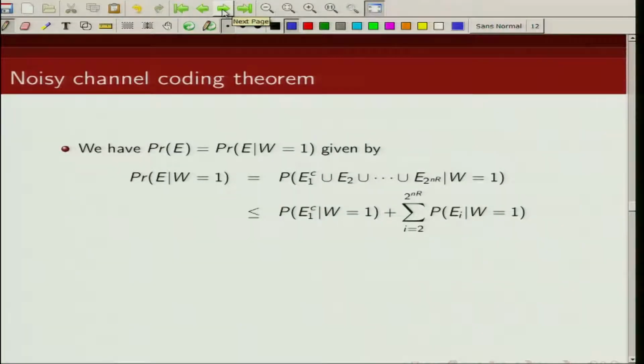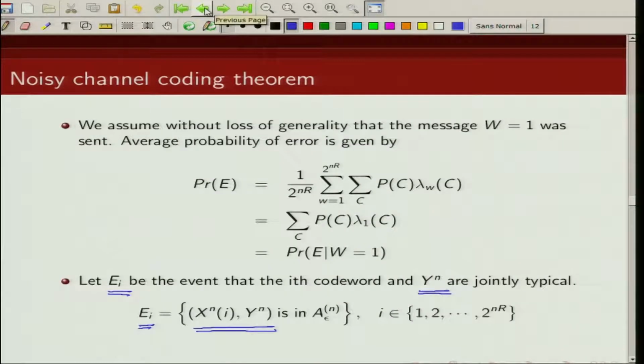Now as I said, the probability of error does not depend on what index has been transmitted. So we will do an analysis assuming, let us say, index 1 was sent. So what is the probability of error when index 1 was sent? It is given by the probability of E1 complement.